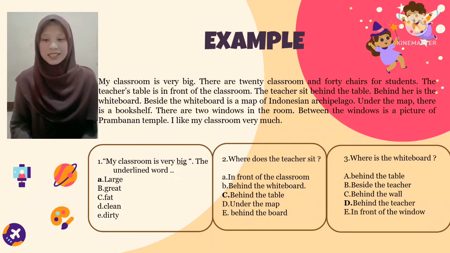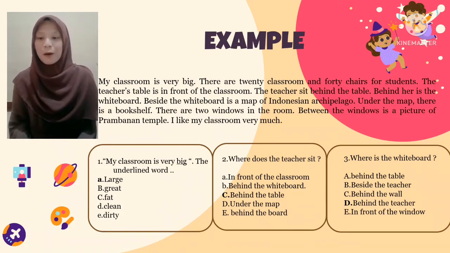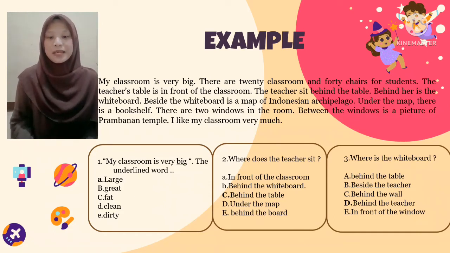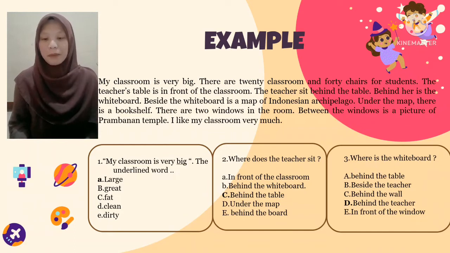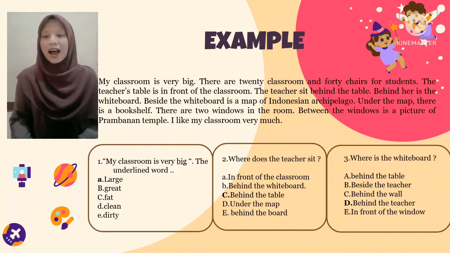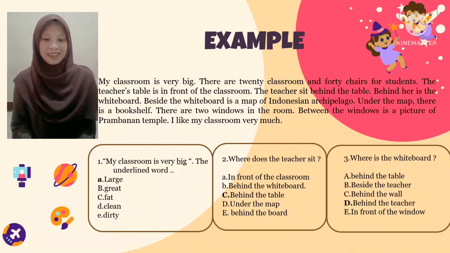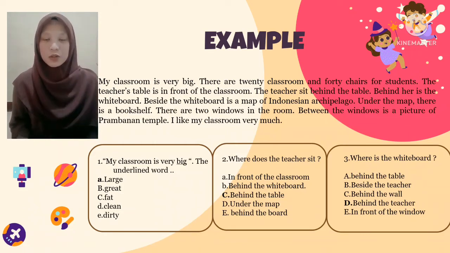The teacher sits behind the table. Behind her is the whiteboard. Beside the whiteboard is a map of Indonesia. Under the map, there is a bookshelf. There are two windows in the classroom. Between the windows is a picture of Prambanan Temple. I like my classroom very much.